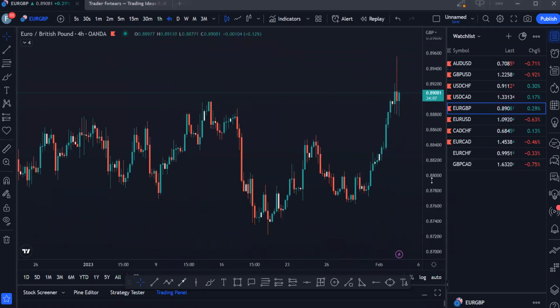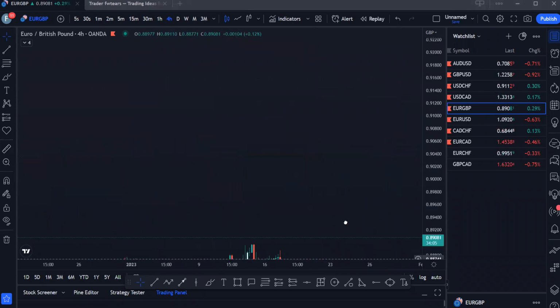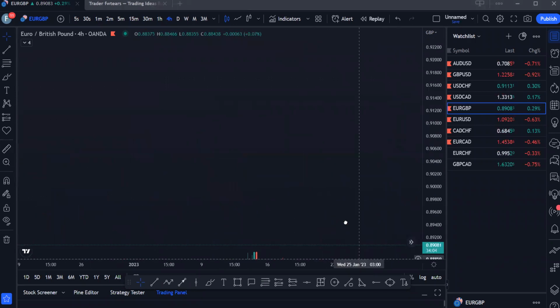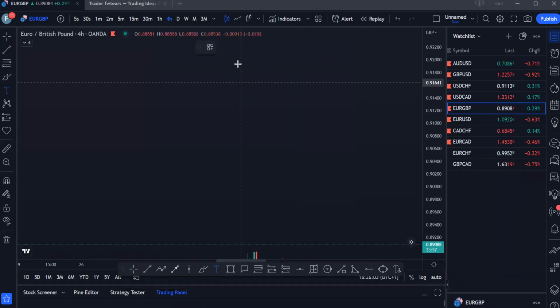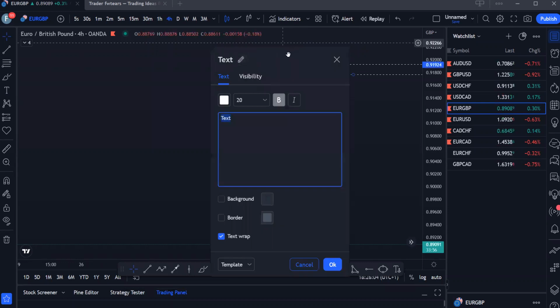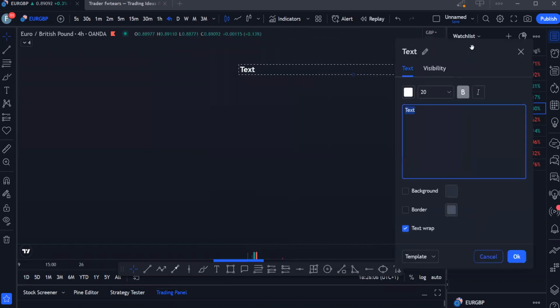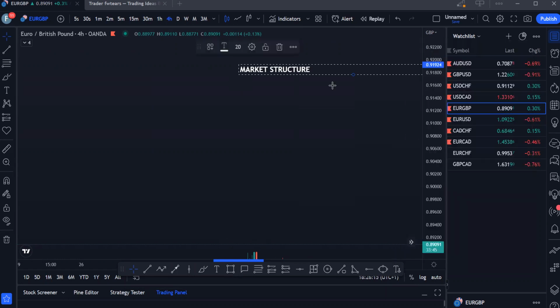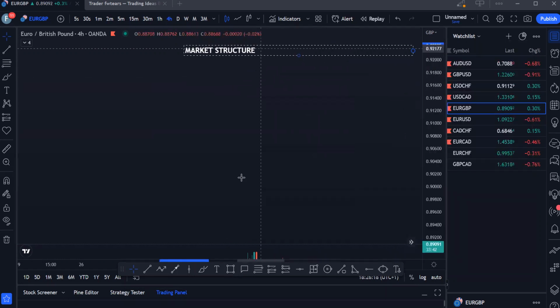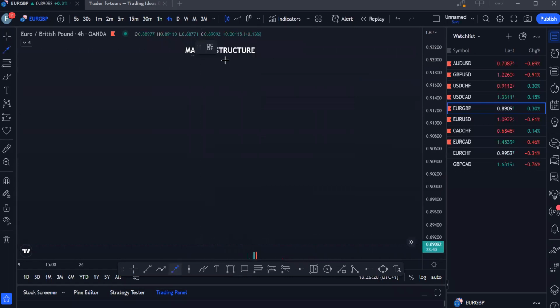So yesterday, remember, we started talking about market structure. And for the sake of our level as beginners, I only want to talk about 2 aspects of market structure so that we don't overload ourselves with information.